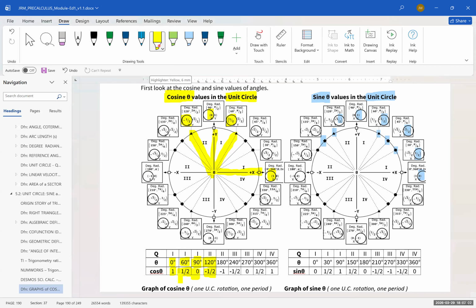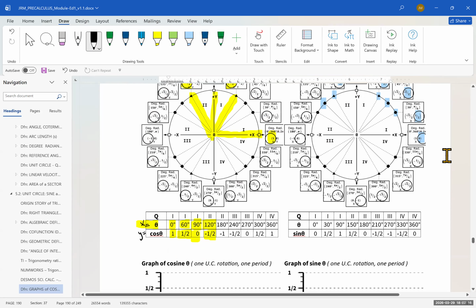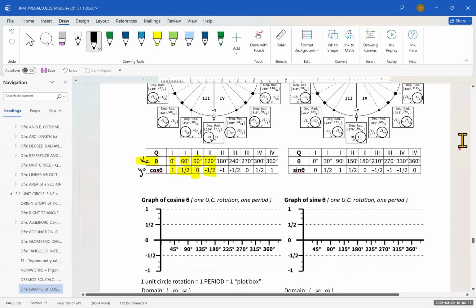So let's make a graph of theta on the x-axis and cosine theta on the y-axis. All right, so let me use a color here. So I'll just use dark blue.